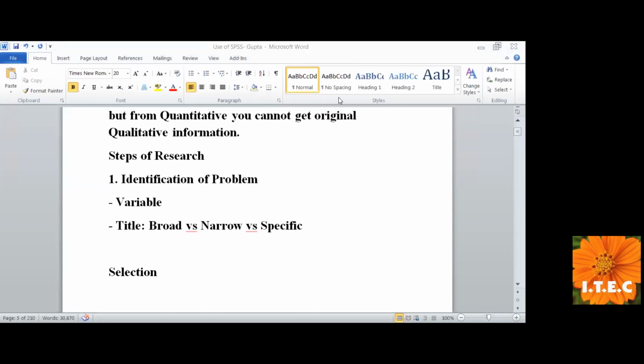That's correct. So therefore, you should know that when you say that this title is appropriate, then it means you must know what all information should be given in the title.